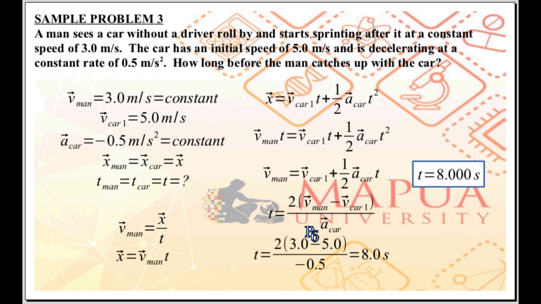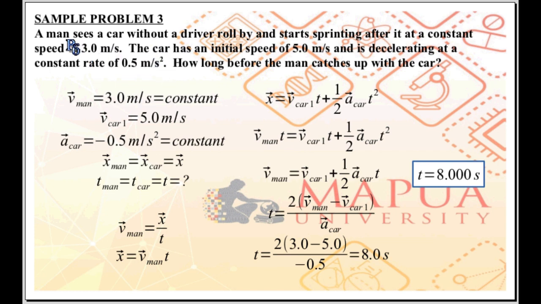The only unknown is t, so isolating t and plugging in the values, we are able to determine the time of travel, t. T is equal to 8.000 seconds.